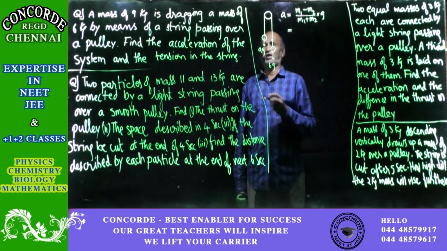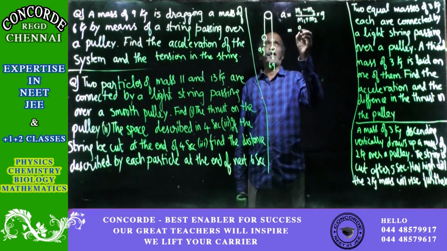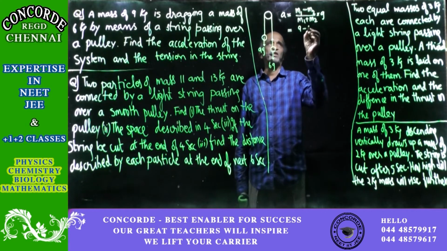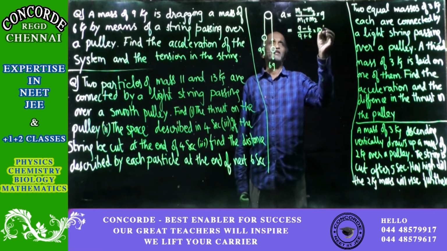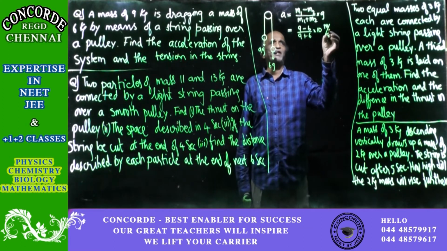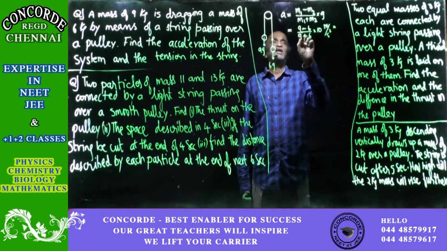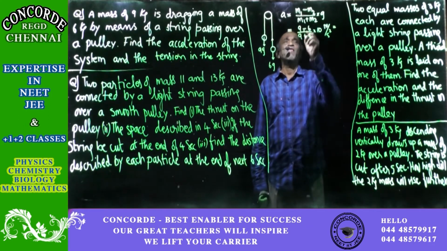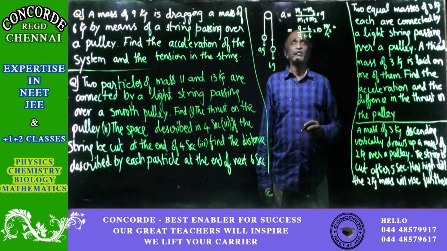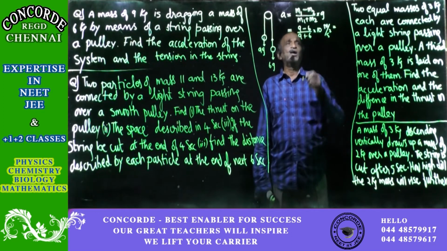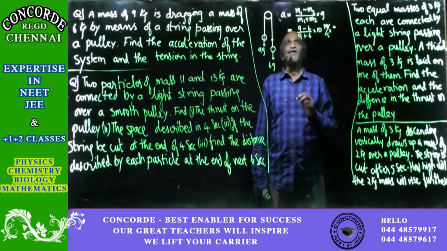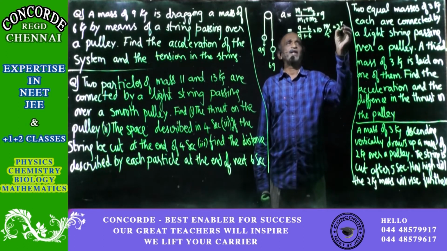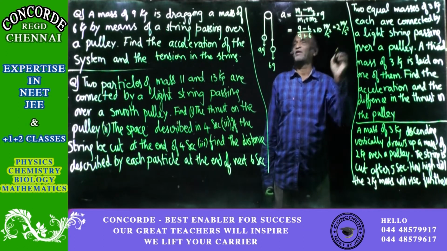Let us take the greater mass to be m1, then m1 will be 9 kg minus m2 will be 6 kg, divided by m1 plus m2 will be 9 plus 6, into g. So the acceleration, with g equal to 10 meters per second square, is 9 minus 6 is 3, 9 plus 6 is 15, 3 by 15 is 1 by 5, so 0.2. 0.2 into 10 will be just 2 meters per second square.